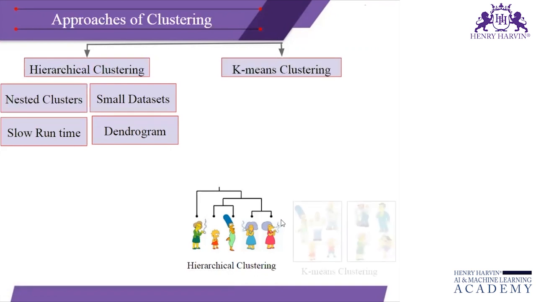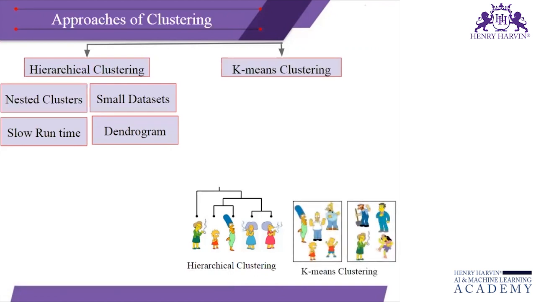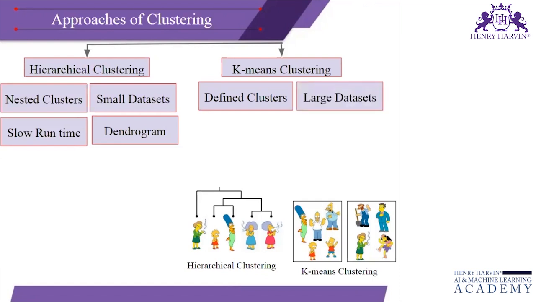Then the other approach is k-means clustering. K-means clustering divides n objects into k number of clusters. What it means is there is a defined number of clusters into which the whole data set has to be divided. It is good to be used for large data sets because we can create a defined number of clusters for the large data set.